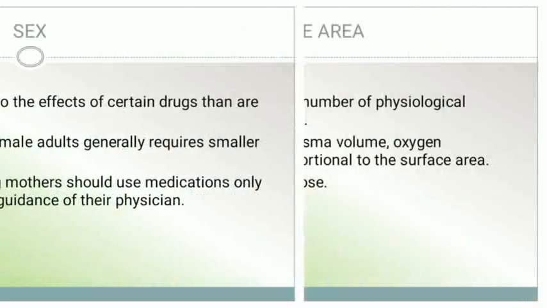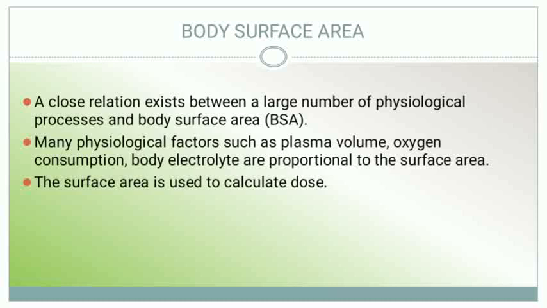Now moving to the next one, that is body surface area. A close relation exists between a large number of physiological processes and body surface area. Many physiological factors such as plasma volume, oxygen consumption, and body electrolytes are proportional to the surface area.